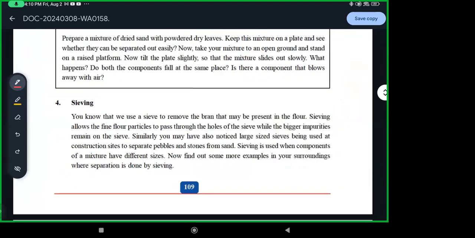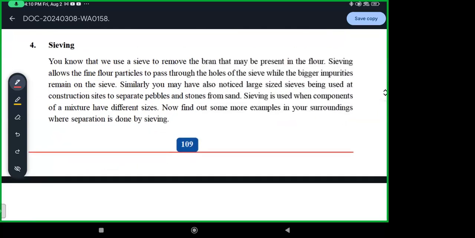Then sieving. You know that we use a sieve to remove the bran that may be present in the flour. Sieving allows the fine flour particles to pass through the holes of the sieve, while the bigger impurities remain on the sieve.